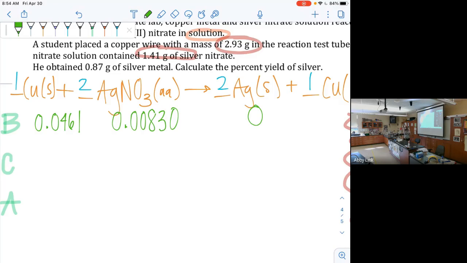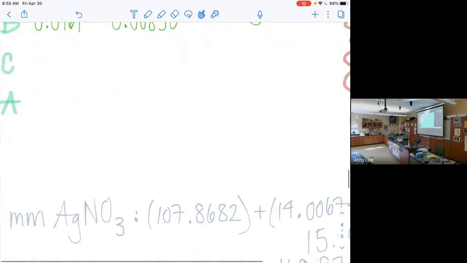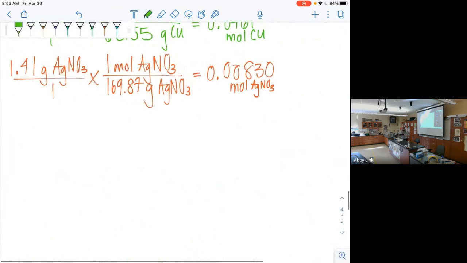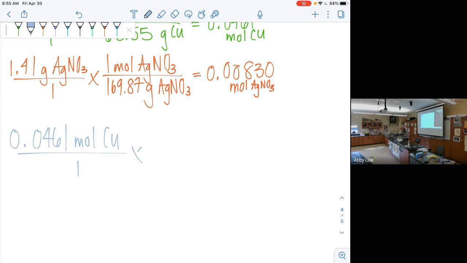All right, so let's see which one of my reactants is limiting. I'm going to start with the 0.0461 moles of copper, and I'm going to convert that to moles of silver nitrate to see if I have enough of it. So this is going to be my mole-to-mole calculation. We have 2 moles of AgNO3, that's my coefficient, and 1 mole of copper.